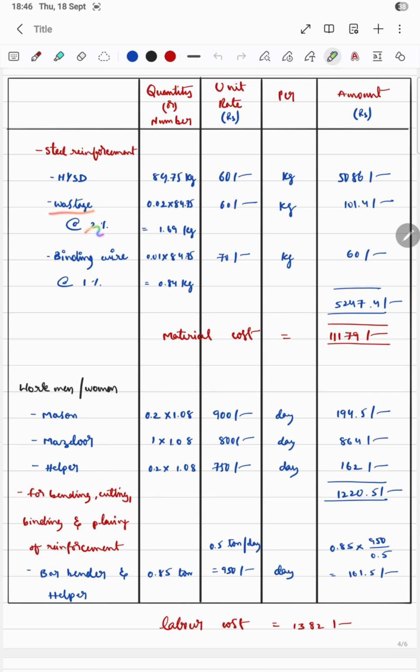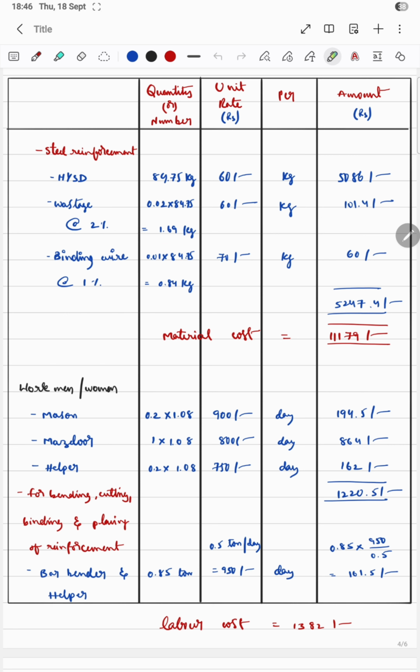For wastage we consider 2%, so 0.02 into 84.75, which is the weight of steel. We get 1.69 kgs of wastage.